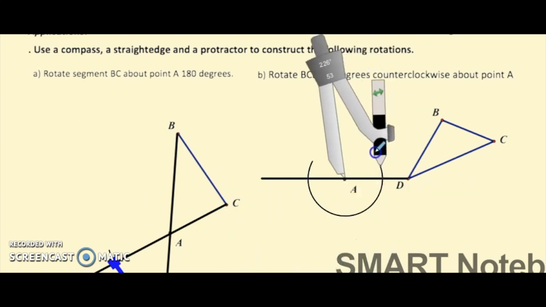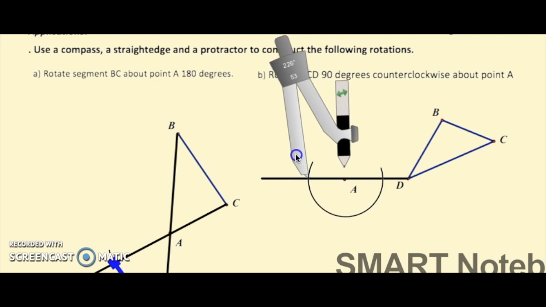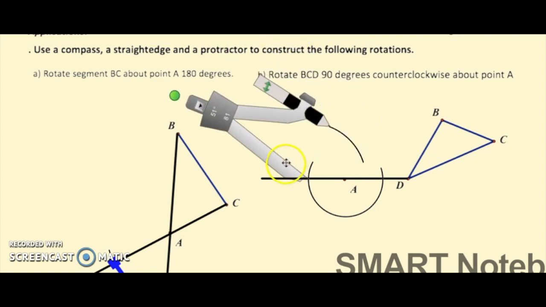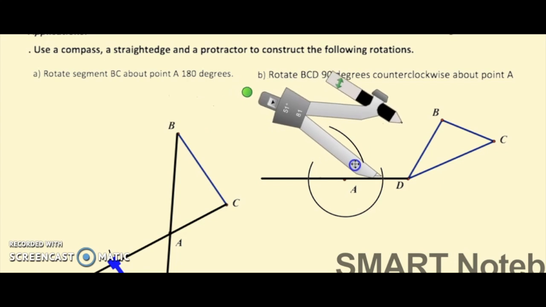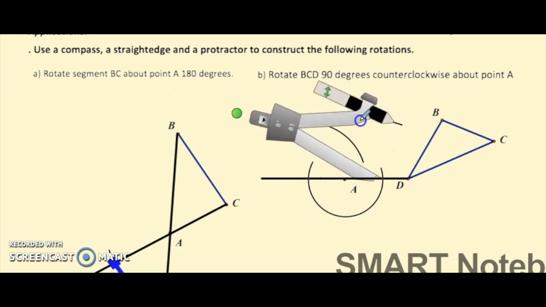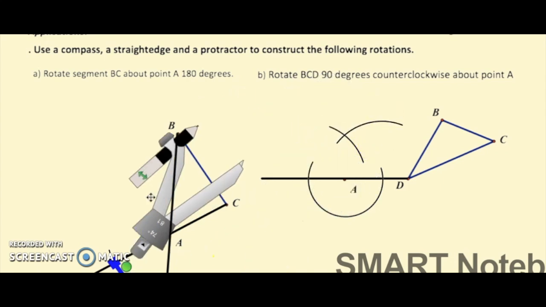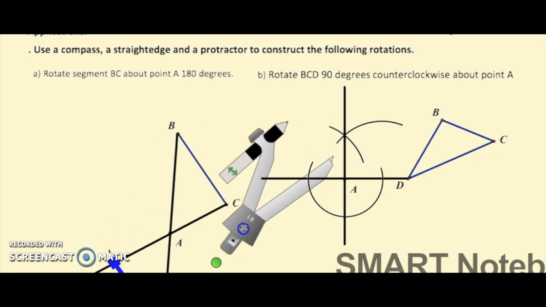So I'm going to put my compass at the center of rotation, create a segment around that center, and then bisect it. So this is the perpendicular from a point on the line construction. And by doing that, I wind up with a perpendicular line that goes through the center. So I can see here that that is at a 90-degree angle to the line that connects A and D. Now what I really need to know is, how far out on that line would D be?